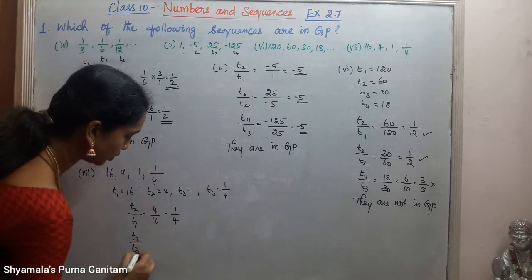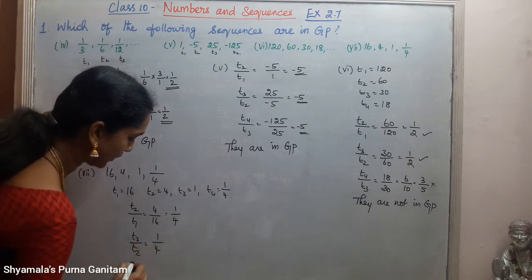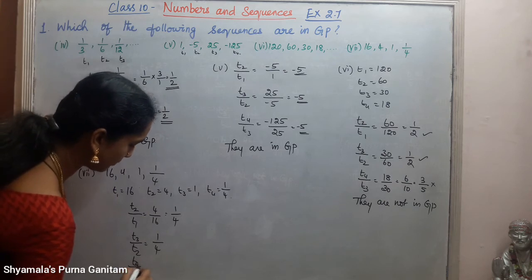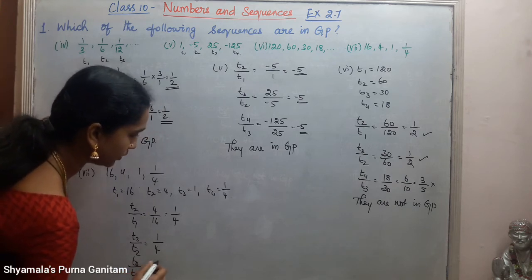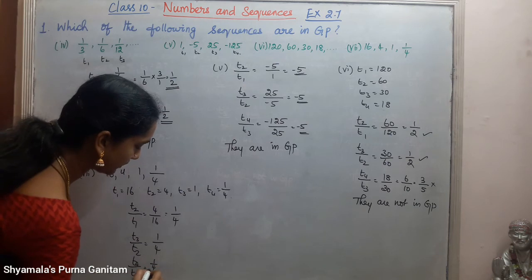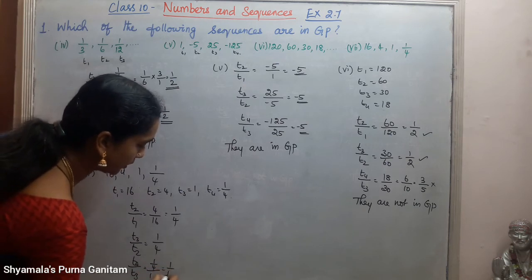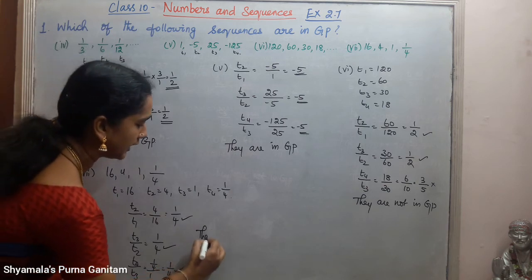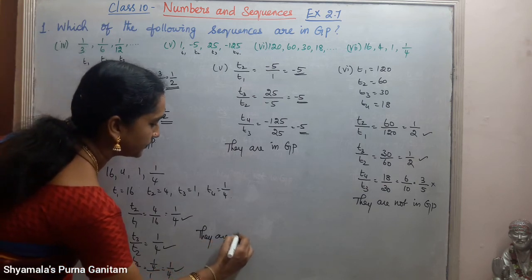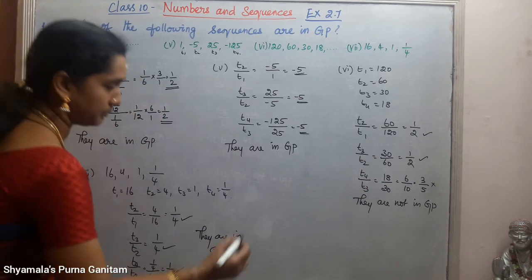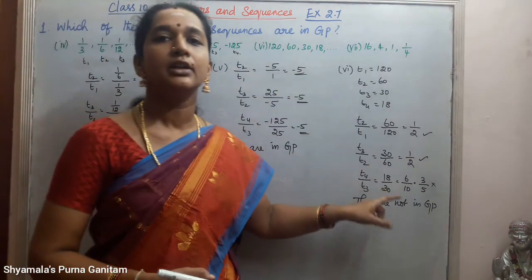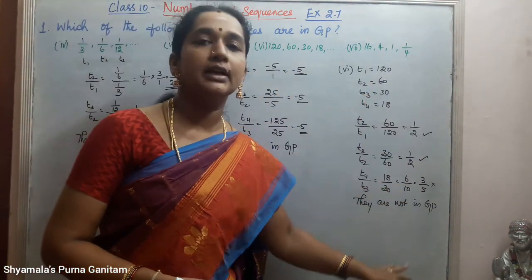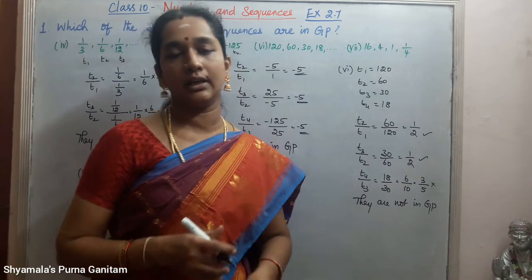T3 by T2 is equal to 1 by 4. T4 by T3 is equal to 1 by 4 by 1, that is also equal to 1 by 4. So all the ratios are same here. So they are in GP. So you have to be very careful in comparing the ratios between the terms.